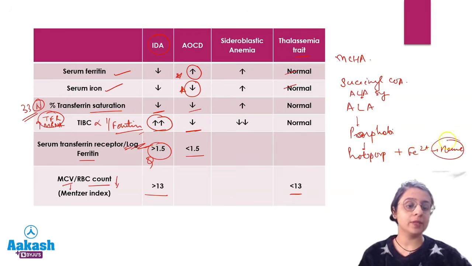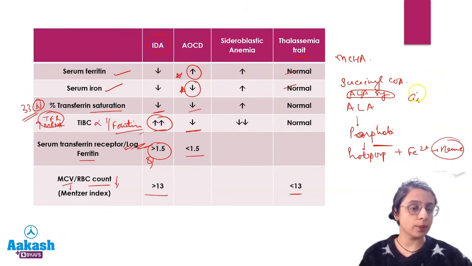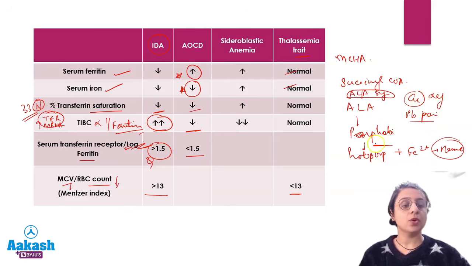So what happens is when there is a defect, suppose an inherited form where there is a defect of the enzyme ALA synthetase, that leads to an inherited form of sideroblastic anemia. There could be a defect of the enzyme ferrochelatase, there could be copper deficiency, lead poisoning, drugs such as isoniazid, pyrazinamide. All these will lead to a defect of heme, right?